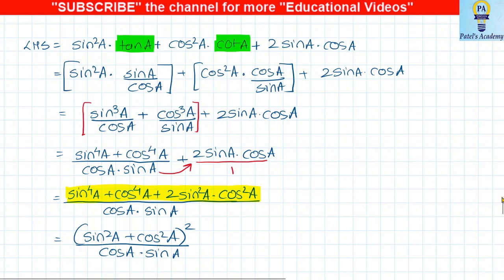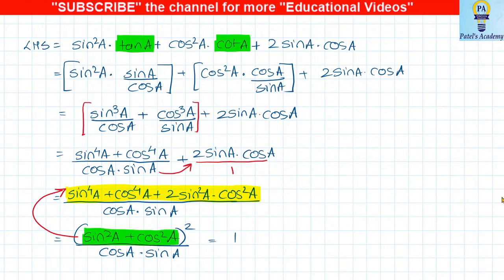We are using that identity in the reverse order. Normally we have this bracket and we have to write down this. This is the reverse of that. Now sin square theta plus cos square theta is 1. The numerator is 1 and 1 square is 1. So I will get 1 upon cos A dot sin A. Now I got the left hand side.